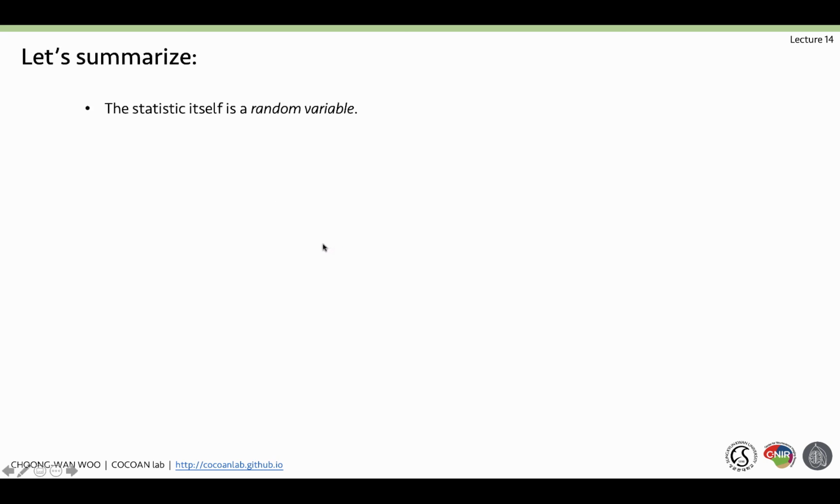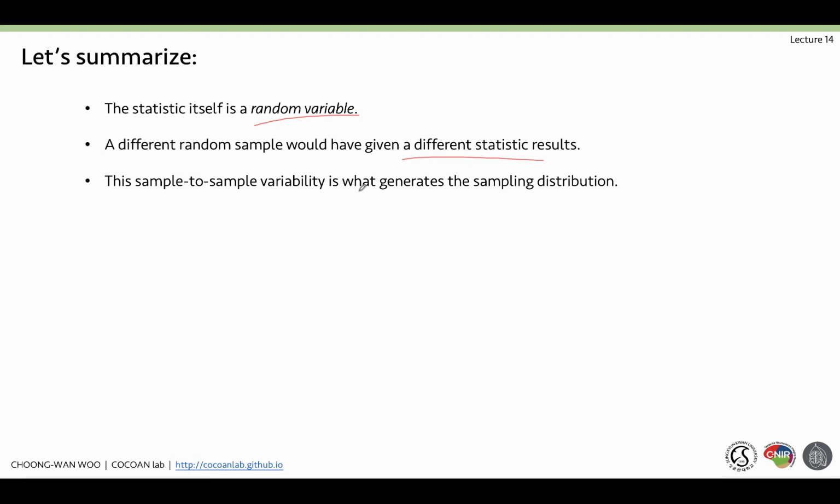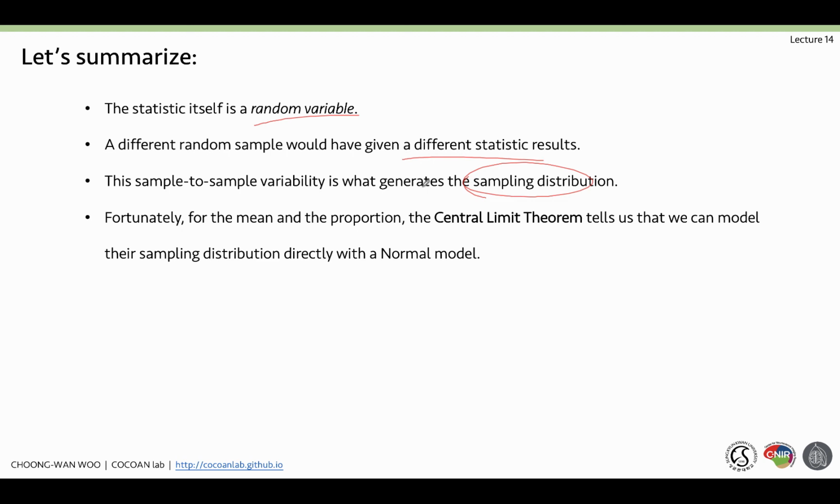Okay, so let's summarize. The statistic itself is a random variable, and a different random sample would have given us different statistical results, right? That generates the sampling distribution. I'm repeating that: the statistic itself is a random variable. You are getting different values each time. That's the definition of a random variable: it has probability and gives different values each time.